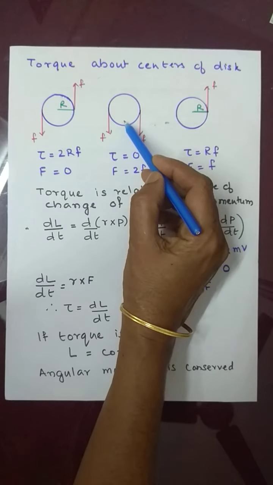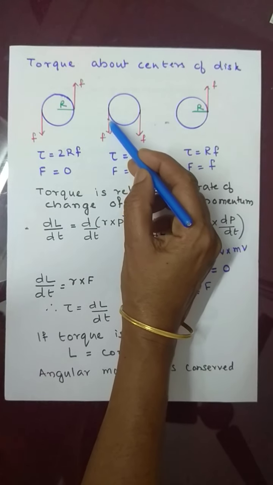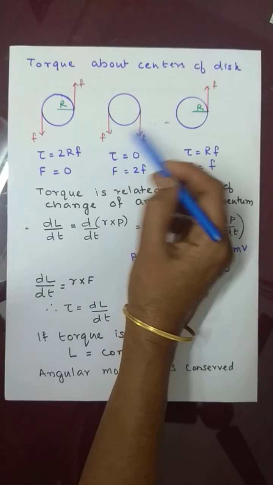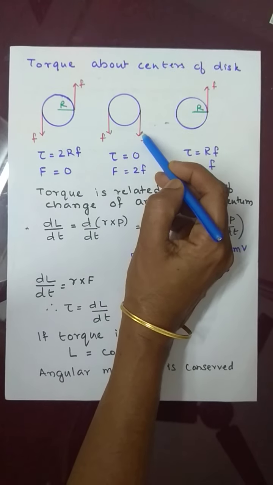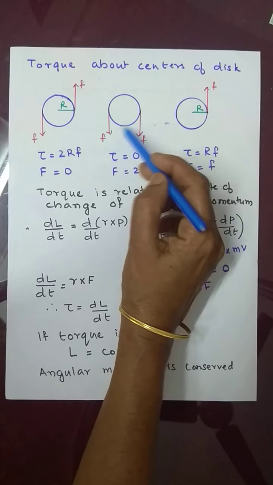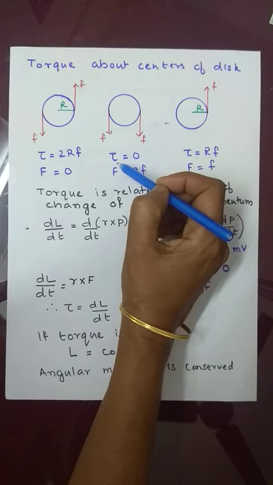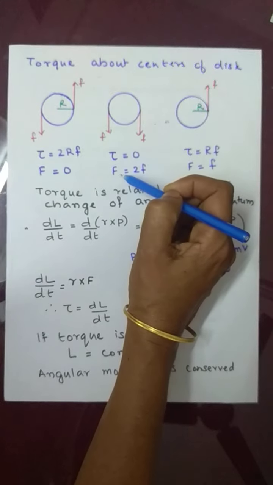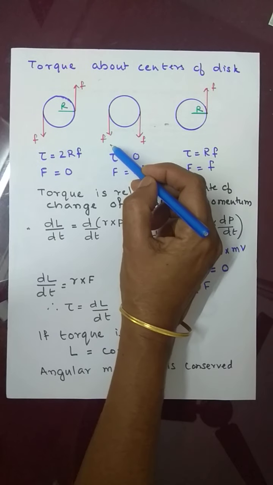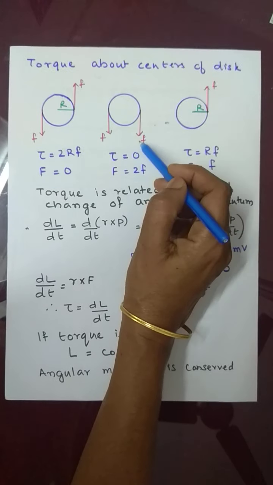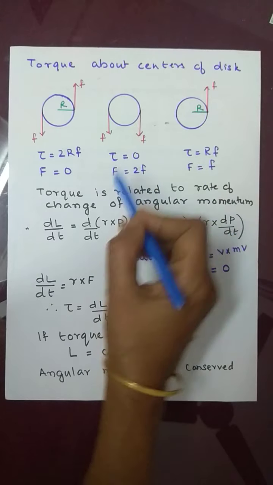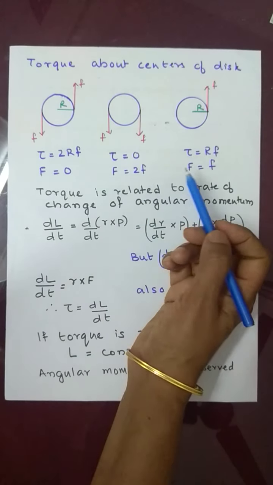Now look at this case. This force is trying to rotate it in this direction. This is trying to rotate it in the opposite direction. So both will in effect cancel each other. So the torque will be 0 in this case, whereas the force you have F acting in this direction, again one more F acting in this direction. So they will add and the total force will be 2F.